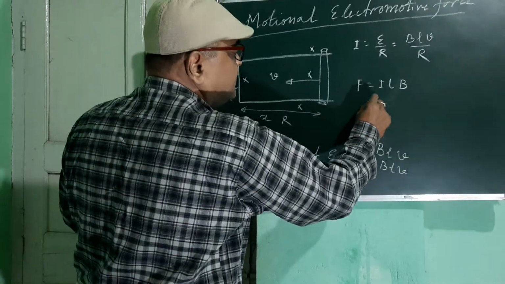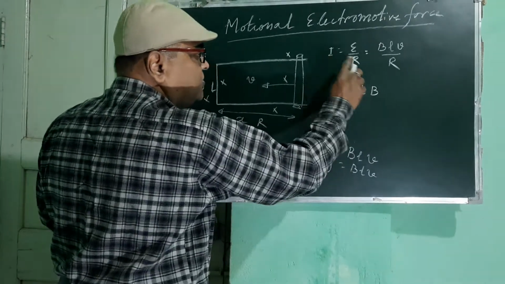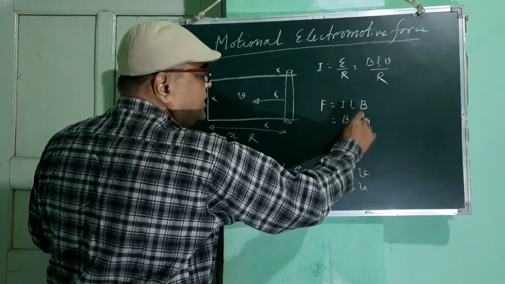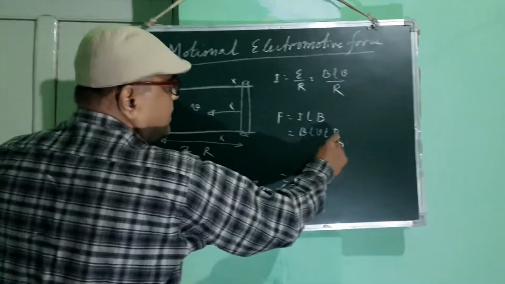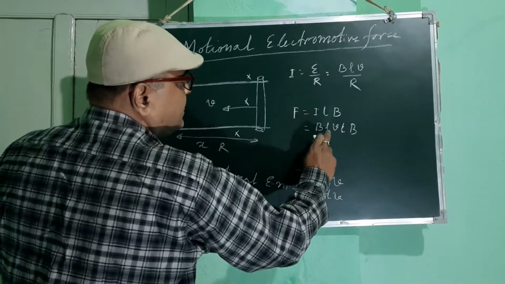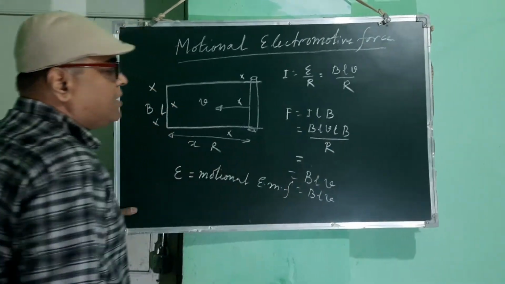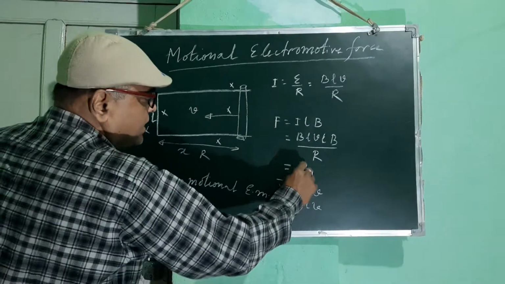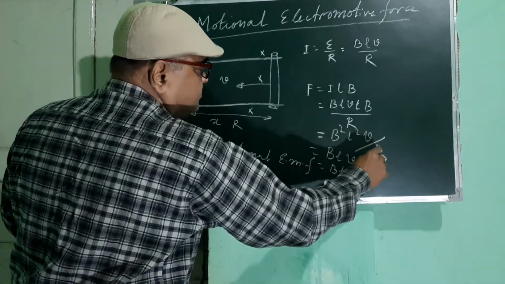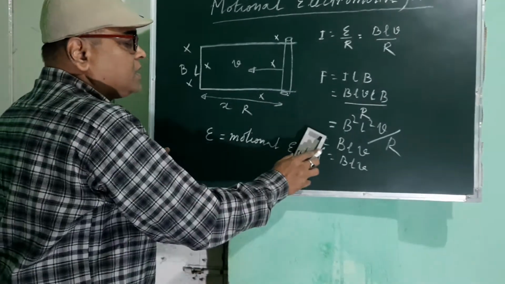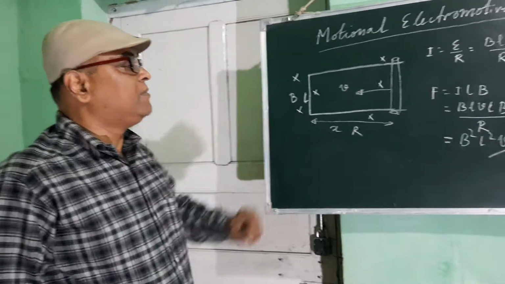The value of I is BLV by R, so F is equal to BLV by R into L into B, which is B square L square V by R. So that is the force generated due to motional EMF.